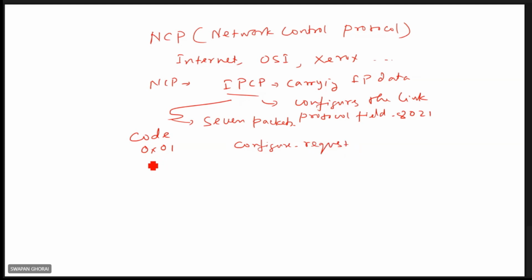If it is 02, it is configure acknowledgement, Configure-ACK. If it is 03, it is configure negative acknowledgement. If it is 04, then it will be configure reject.